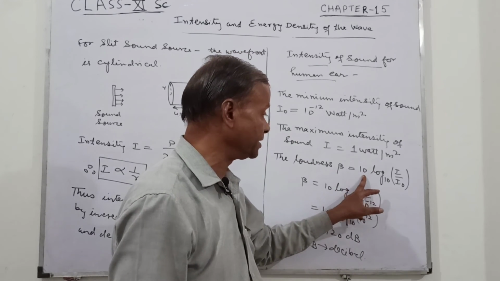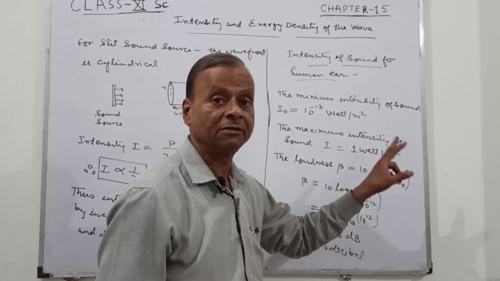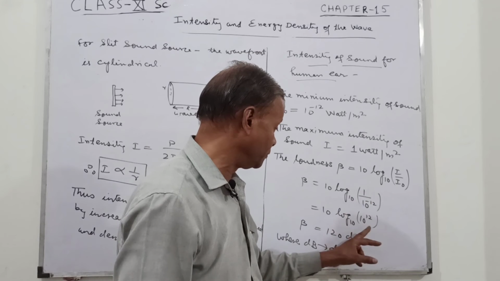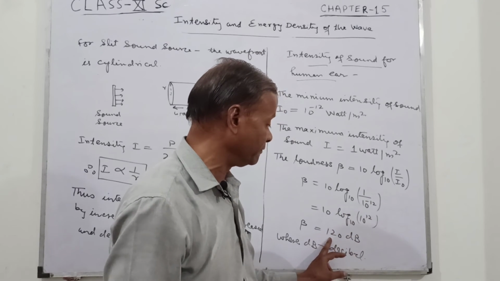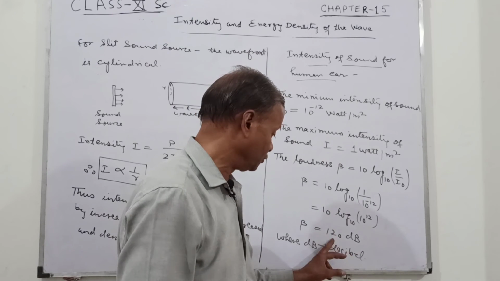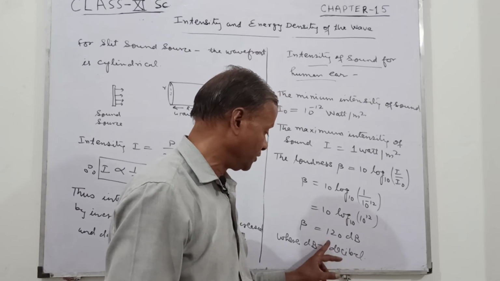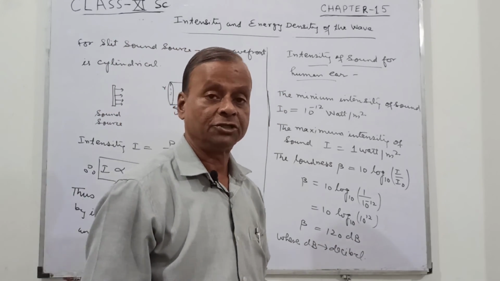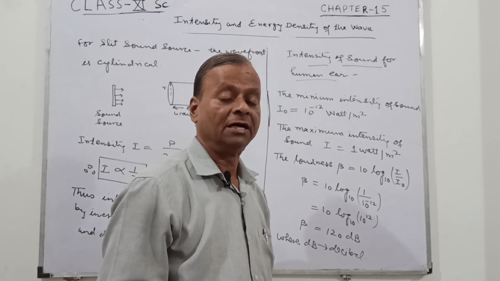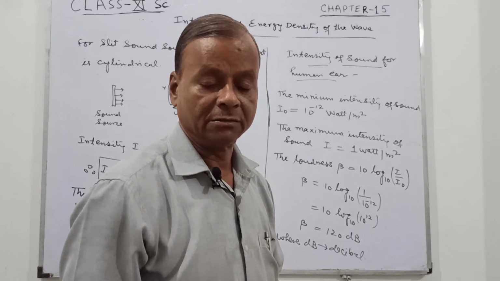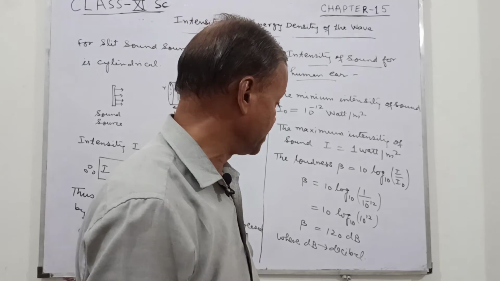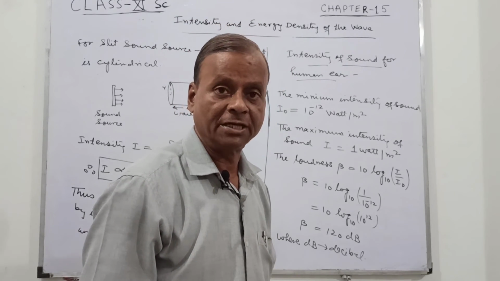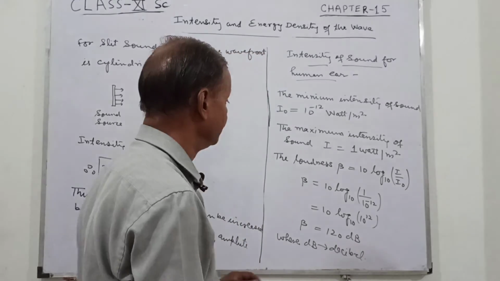If we do not take the 10, then this will come out in bell. So log 10 is so much, then this will come out as only 12 bell. So if we take decibel, then this is 120 decibel. So this is the intensity at which the mind of the human being does not act and he is approximately dead.